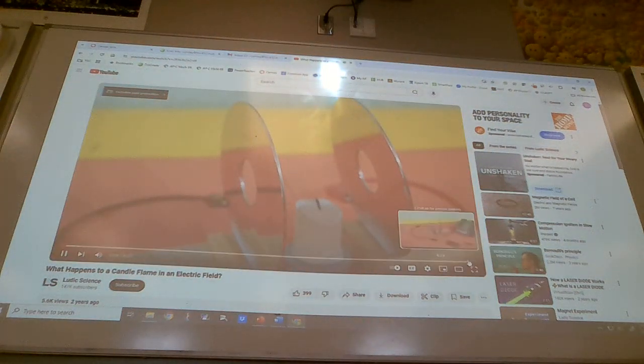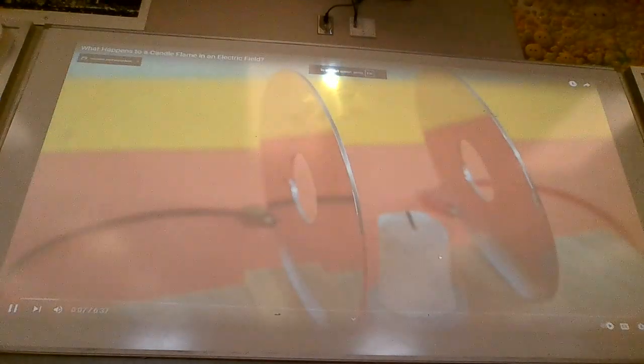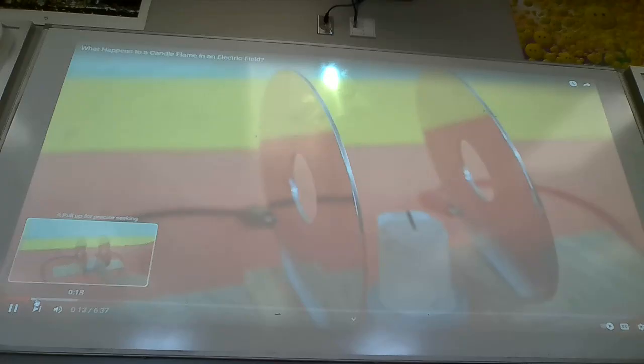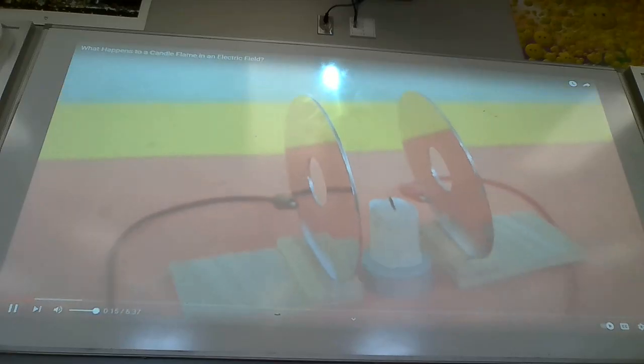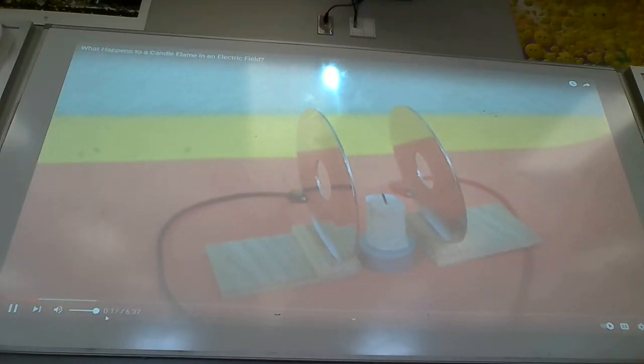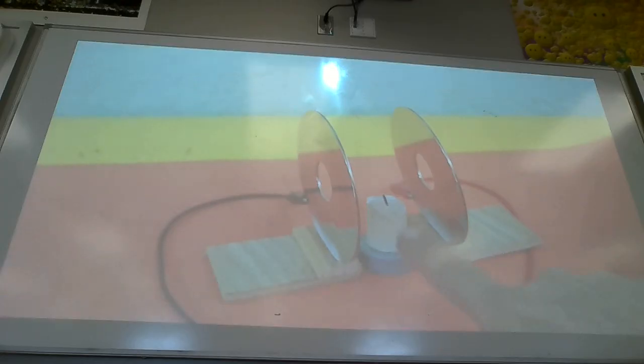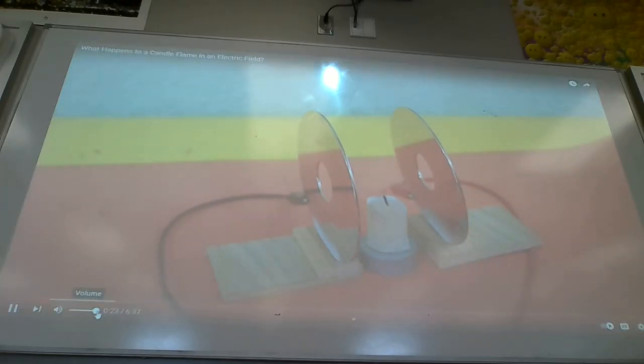Hello, welcome to Ludic Science. Today I will show you this interesting experiment of the candle in an electric field. As you can see, the experiment consists obviously of a candle that I'm going to light up, and the candle is between two metal plates.